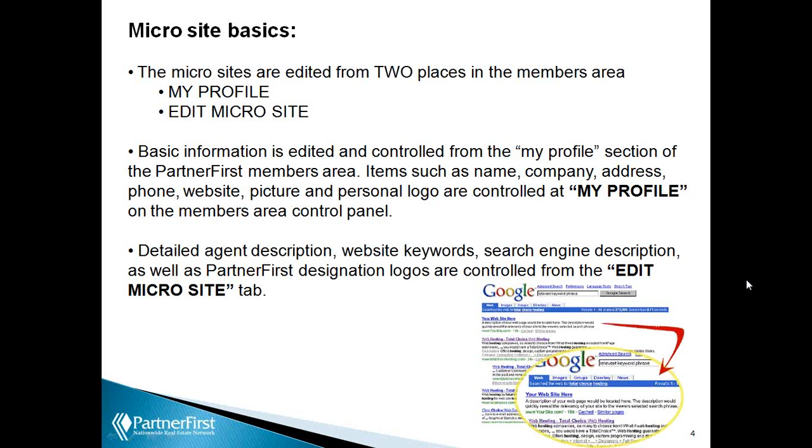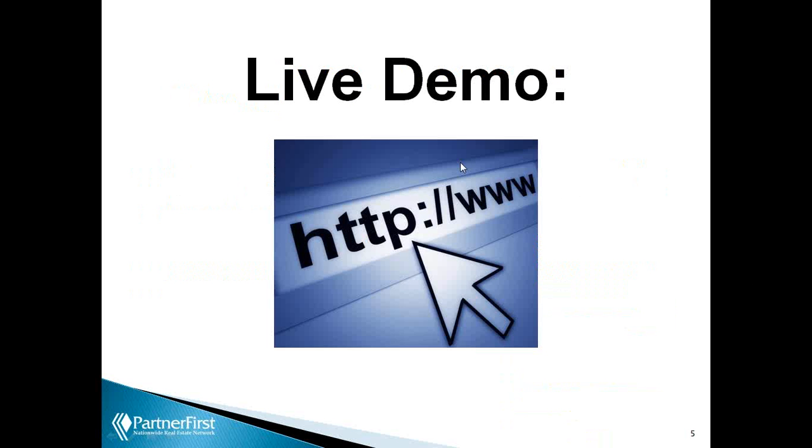So real quick, just to recap, the My Profile tab is a reciprocation of all your information that's already in your profile: contact information, logo, bio, and picture, and all that fun stuff. The Edit Microsite tab is where you get under the hood and deal with the more search engine specific things, such as your website keywords and your search engine description. That's controlled in the Edit Microsite portion.